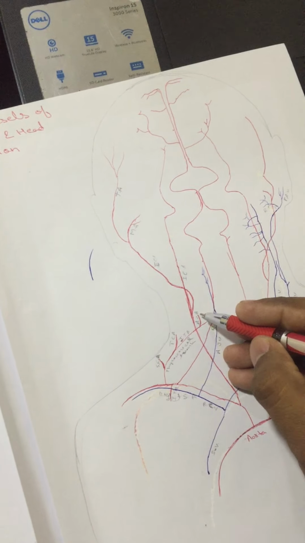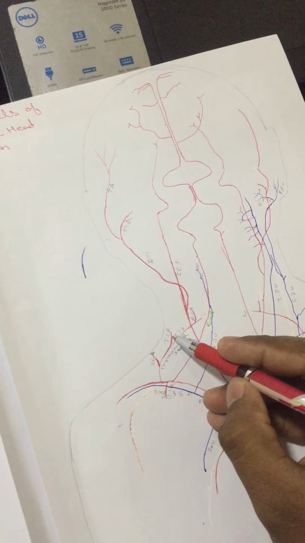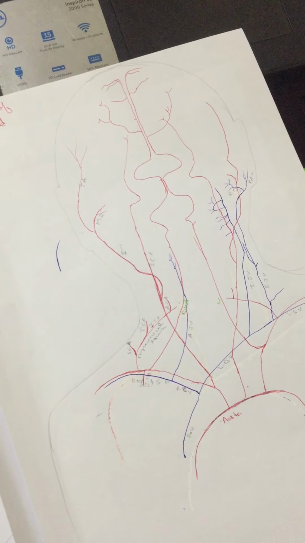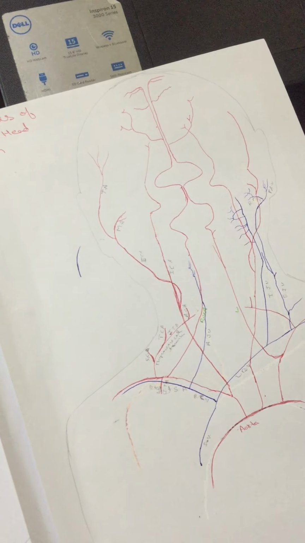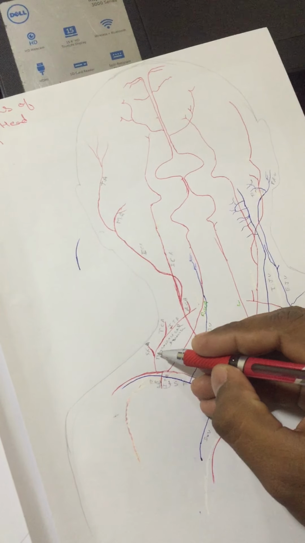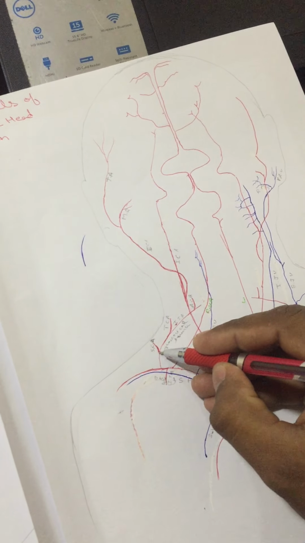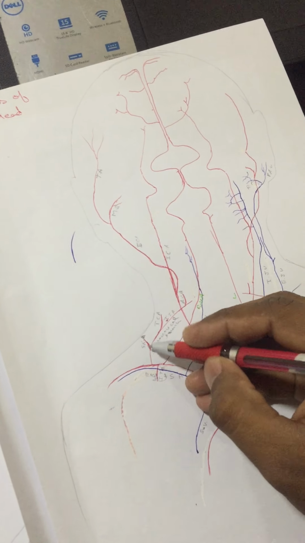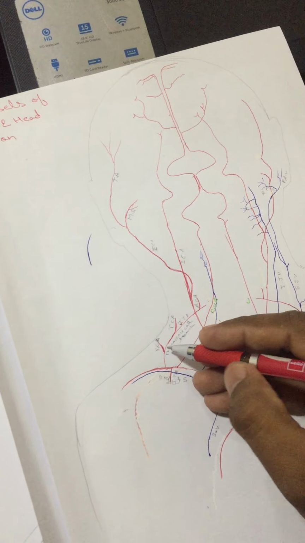And here, ma'am, the second branch of the thyrocervical trunk is the transverse cervical artery. It supplies the blood to our trapezius muscles as well as sternocleidomastoid muscles. The third branch of the thyrocervical trunk is the suprascapular artery, and it supplies the muscles of the posterior shoulder region.